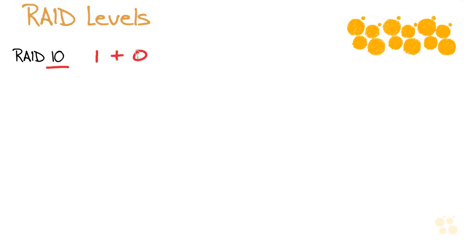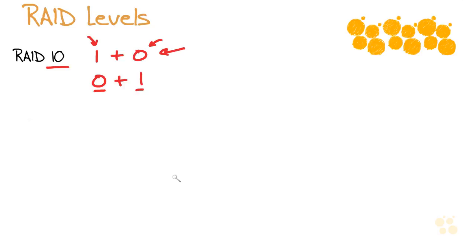By the way, note this is different from RAID 0 plus 1. What was 1 and 0? Do you remember? 0 was striping and 1 was mirroring. So with RAID 10, we mirror, then we stripe. With RAID 0 plus 1, we stripe, then we mirror. There is indeed a difference. We're talking here about RAID 10 or RAID 1 plus 0.